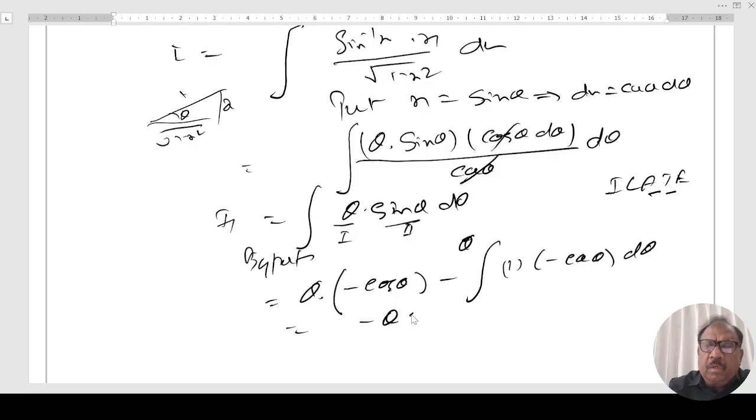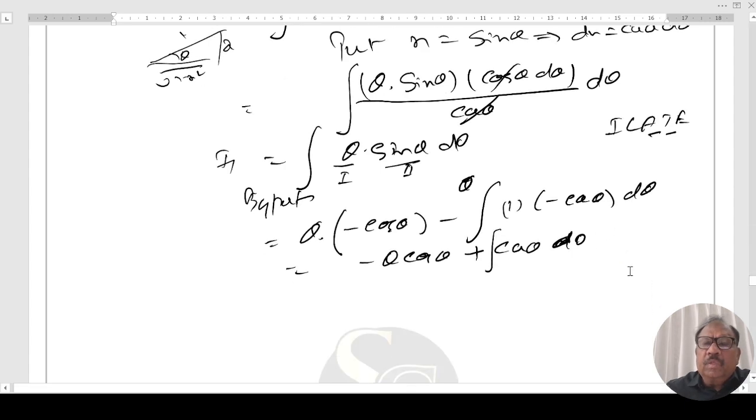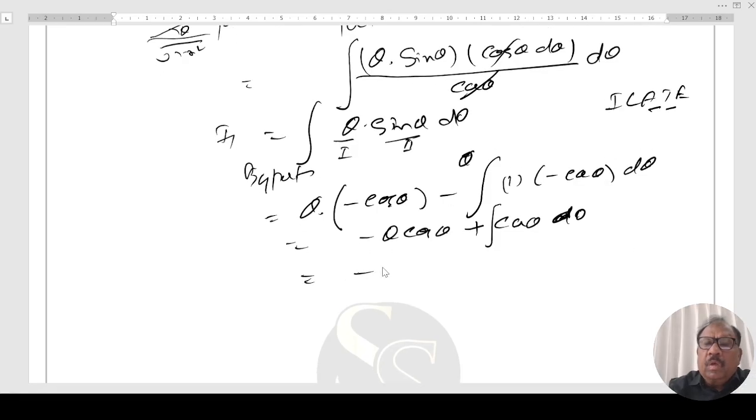That is minus theta cos theta minus minus plus cos theta d theta. On further simplification, this comes out to be minus theta cos theta plus integration cos theta, that is sin theta plus c.